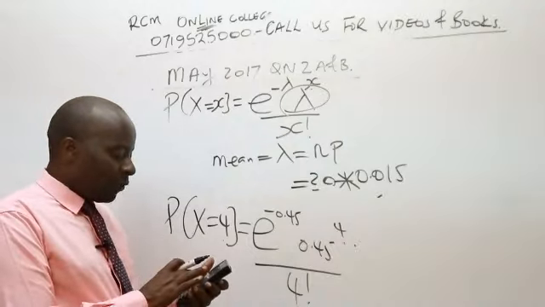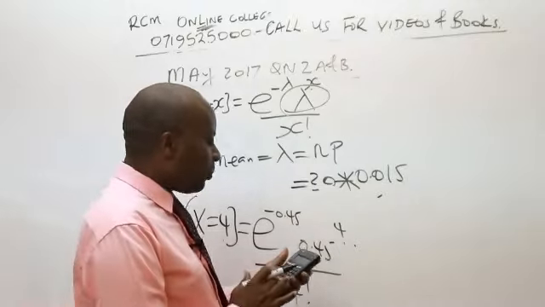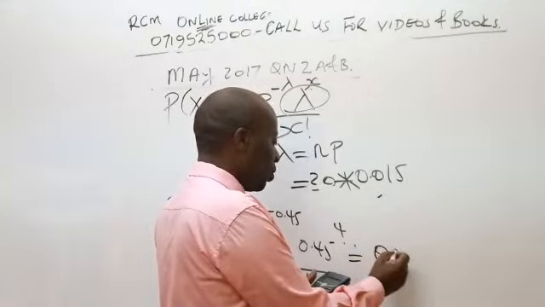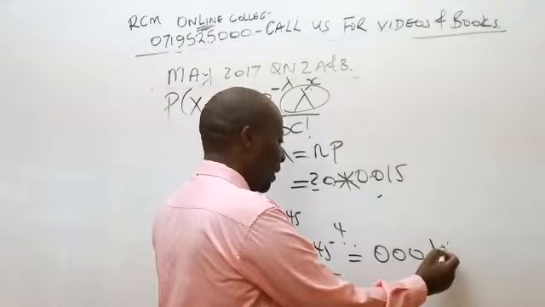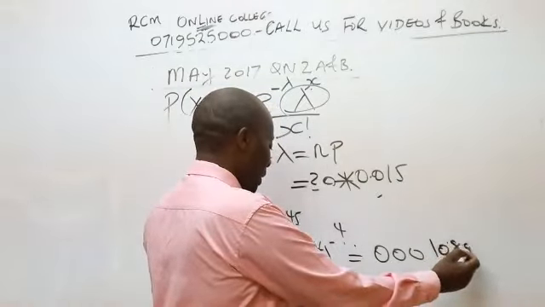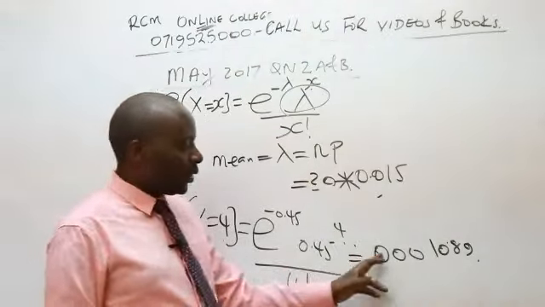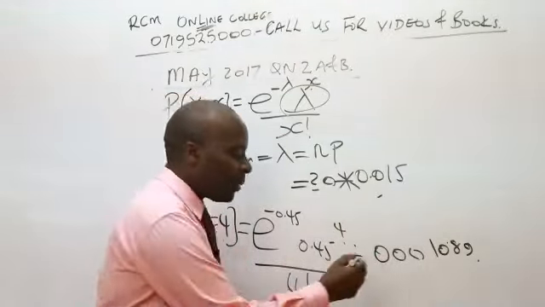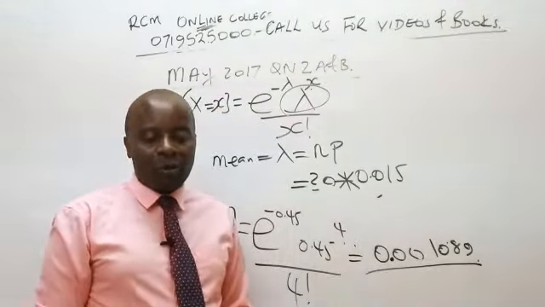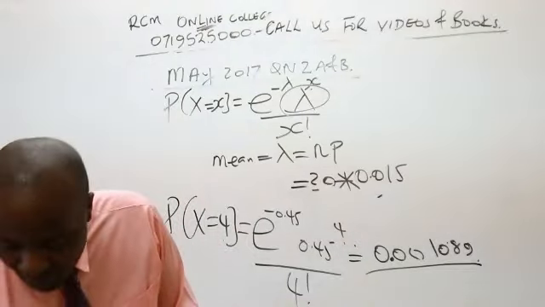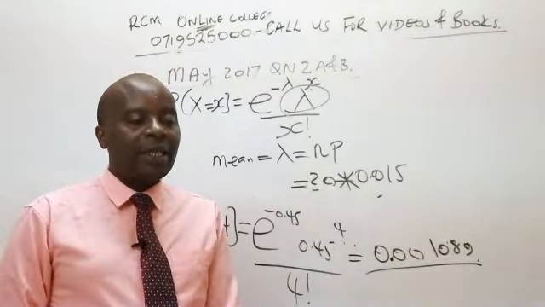At the end of the day this gives us a very small probability, which has 3 zeros on the left-hand side, and then 1089. I'll write the 3 zeros on the left-hand side, and then plug in the decimal. A very small probability. So that is the answer to number one.